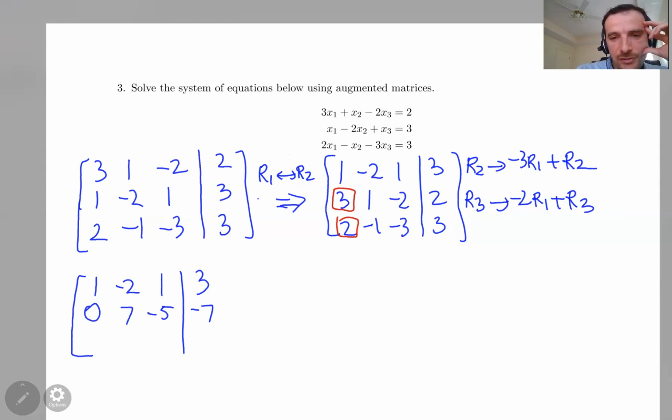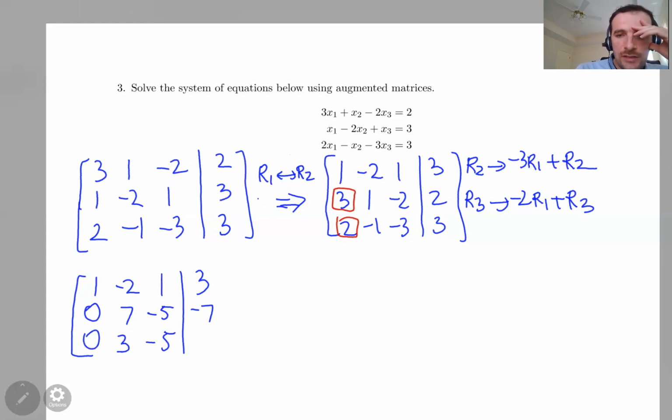And for the next row, I'm going to multiply the first row by -2 and add it to the third row, right? It is 0 here. What else? -2 times -2 is 4, plus -1 is 3. -2 times 1 is -2, plus -3 is -5.